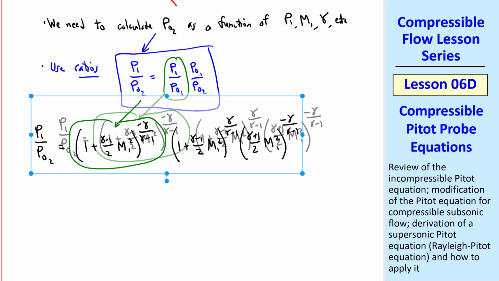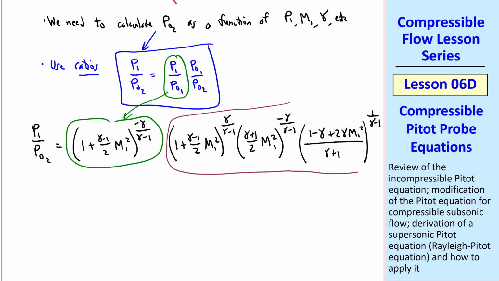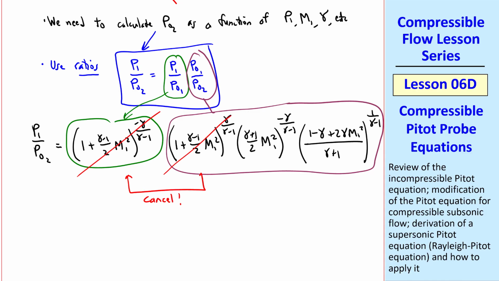And I need to move this over a little bit. 1 minus gamma plus 2 gamma M1 squared over gamma plus 1 to the exponent 1 over gamma minus 1. This equation comes from P0 1 over P0 2. But notice that these two cancel since the exponents are negatives of each other.